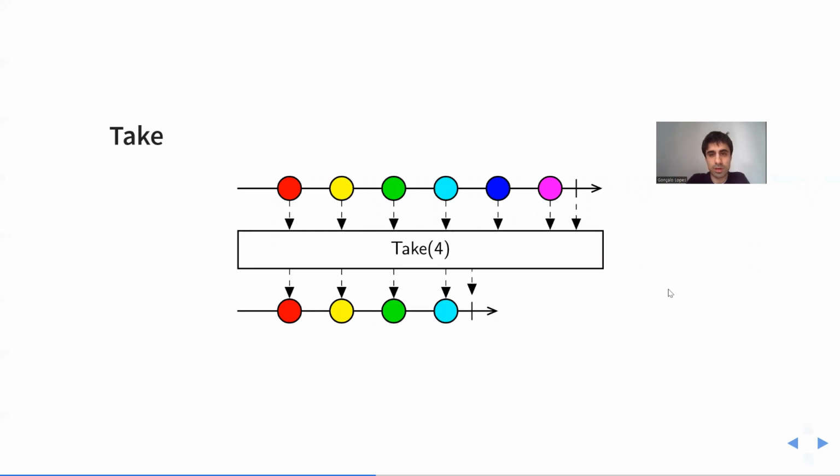Okay, the next one we'll look at is take. And take, what it does is the complement of skip. So it also takes a number, in this case, take 4. And what it does is it takes, as the name implies, only the first n elements in the sequence.